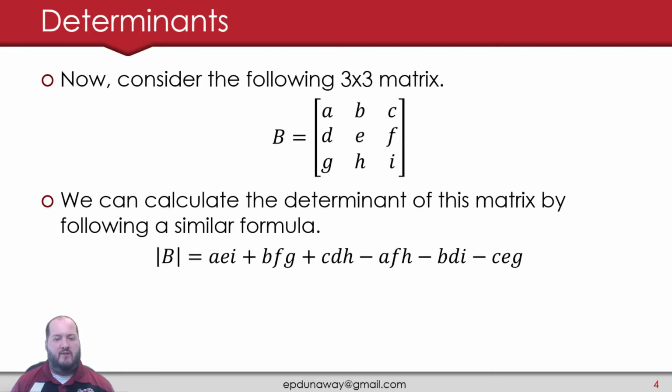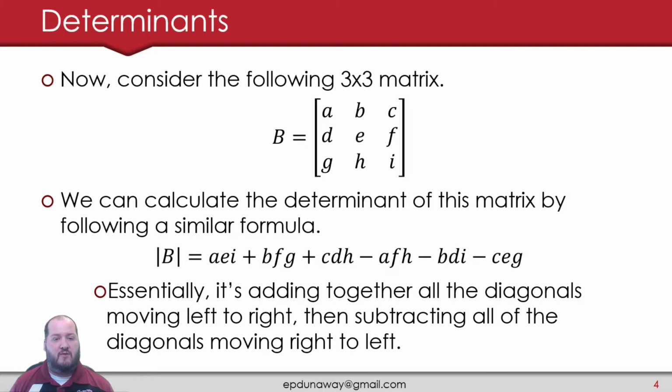Take the 3 positive diagonals, add them together, take the 3 negative diagonals, and subtract them. And that gives you the determinant for a 3x3 matrix. So yeah, it's a very straightforward trick. But again, this will not work on anything larger than a 3x3 matrix. And if you want to learn how to do things for like a 4x4 or 5x5 matrix, you're going to need to take a more formalized linear algebra course.